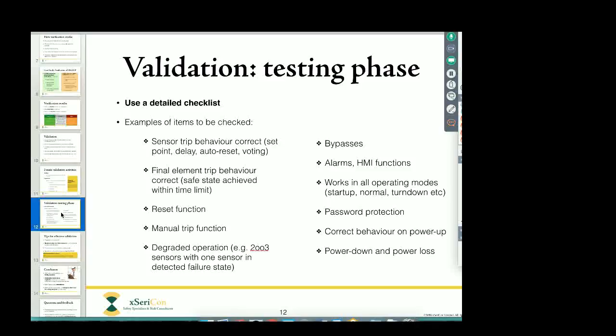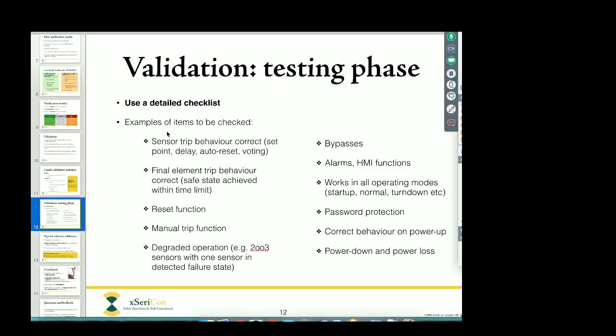And if you can get yourself a good checklist to begin with, that's certainly going to make things a lot more efficient, rather than trying to write everything down on bits of paper or type it into a giant Excel spreadsheet or something as you go. That's really going to make things more difficult and slow things down, and you might well end up missing important tests, so then you have to come back again later and fill them out.